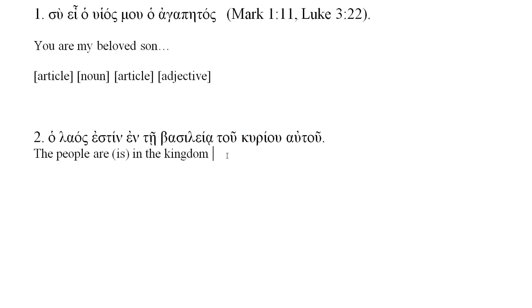And so the genitive default translation will be of, and then the definite article will give us the, and then kuriou will give us Lord. And then finally we have autou. This is our third person pronoun, and it's got a genitive ending, and it's matching here kuriou. So it's going to be in the kingdom of the Lord, of it, or of him.